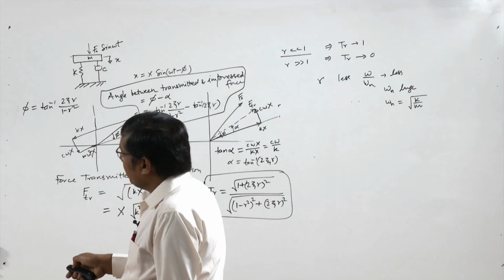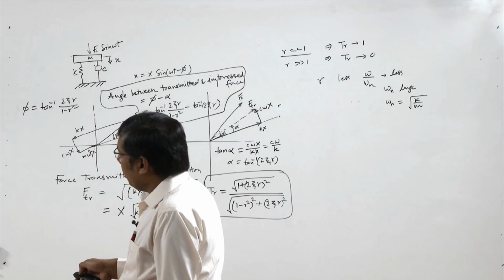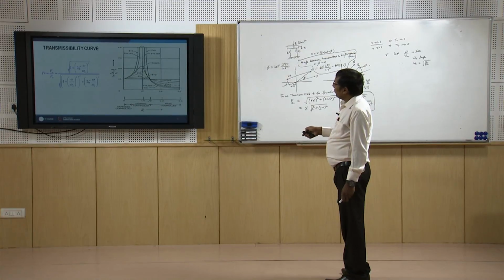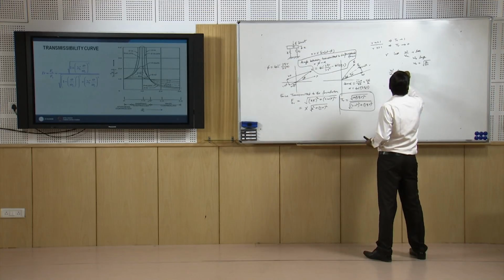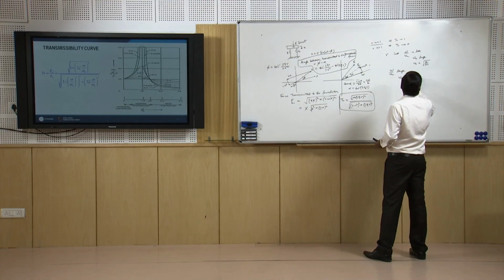In the region near 1, the effect of damping is quite clear: if we have low damping, the transmissibility is very high, and if we have higher damping, the transmissibility is low. So this region is completely dominated by the effect of damping. When we come to the region where omega by omega n is large, it means omega n should be small.